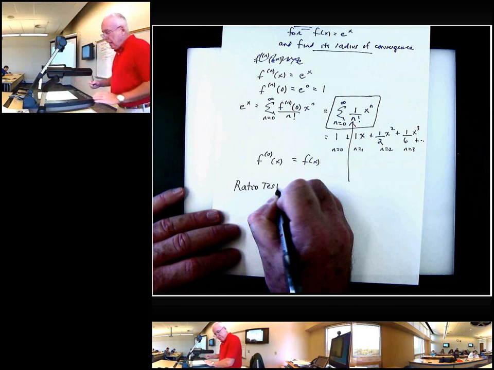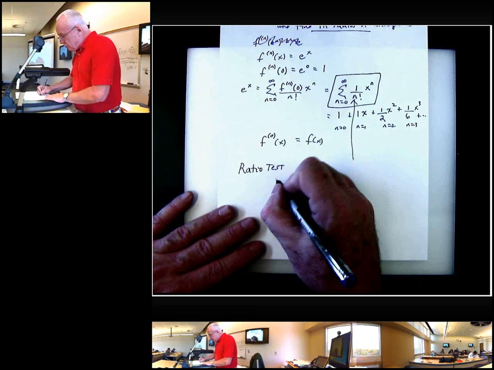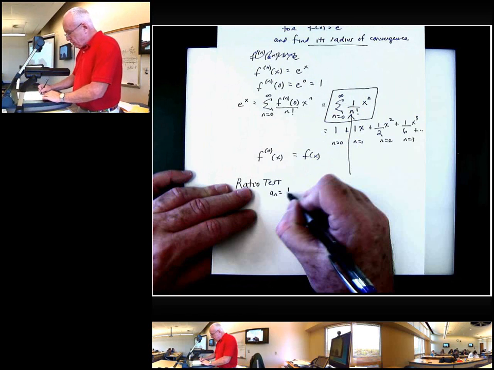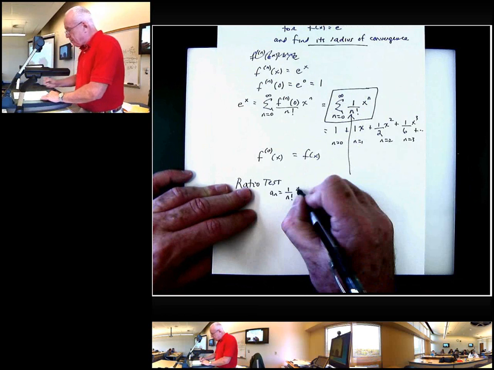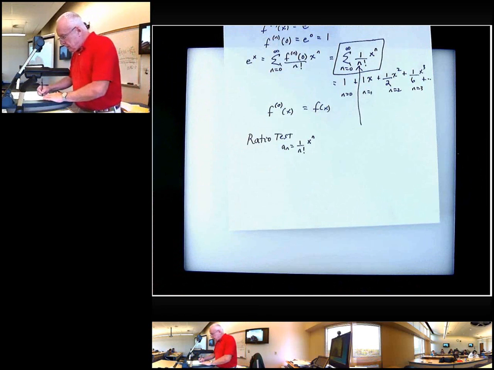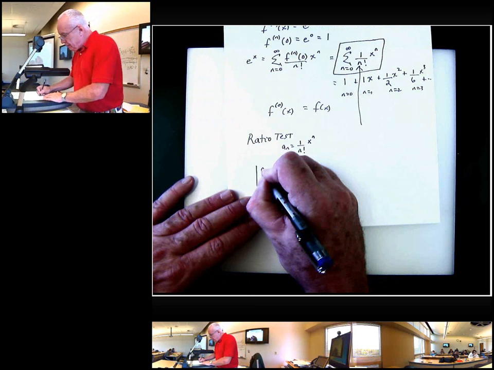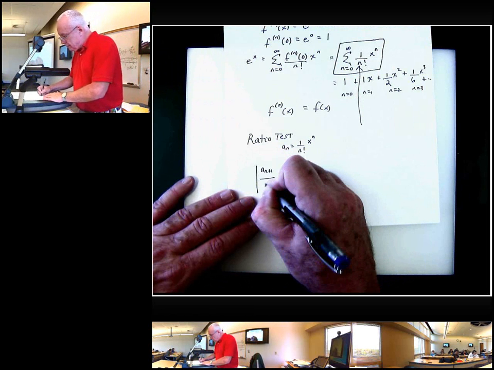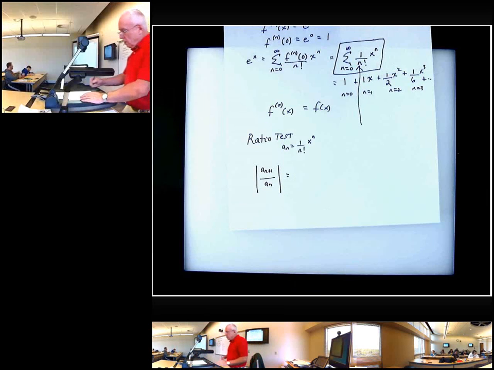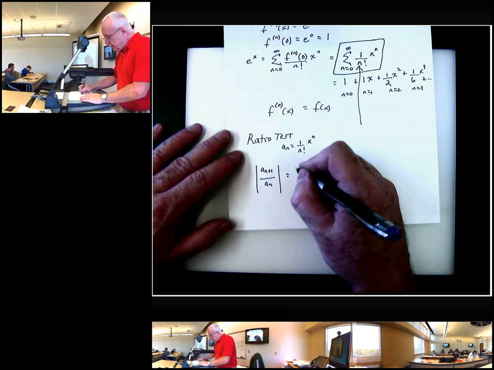Right? And here our a sub n term is 1 over n factorial times x to the n power, all right? So let's look at the quotient of a sub n plus 1 over a sub n, and let's see what that simplifies out to. And then we'll take the limit.